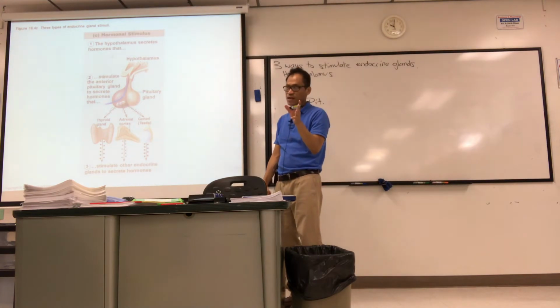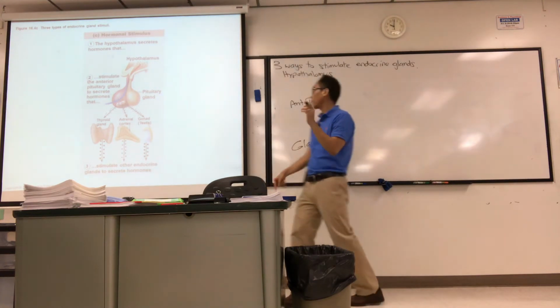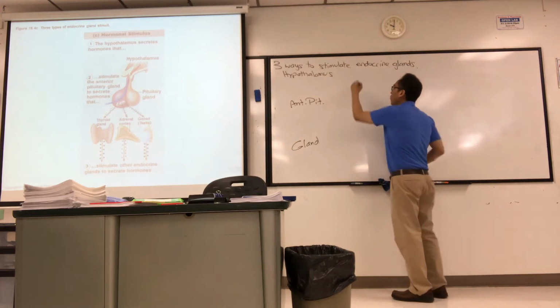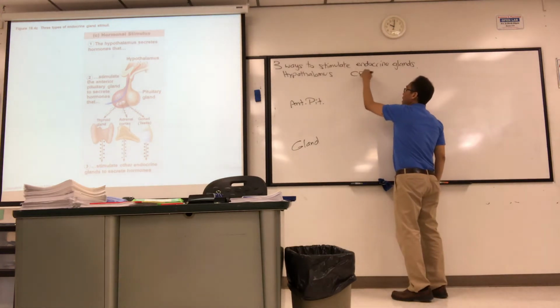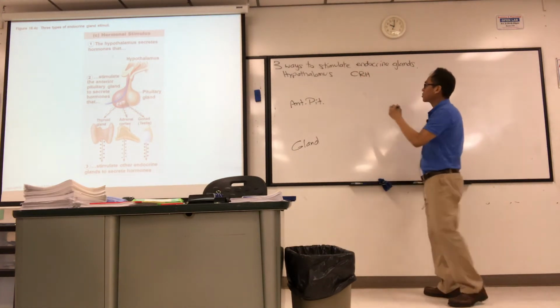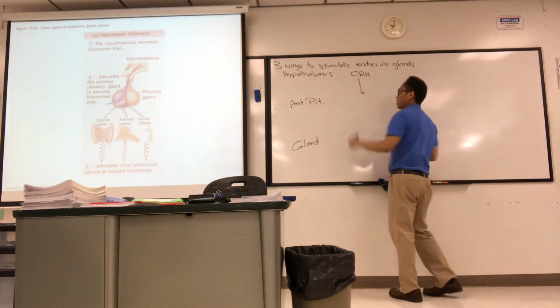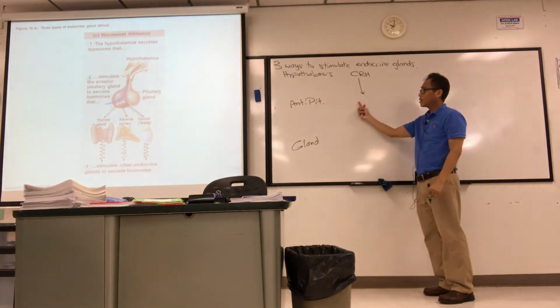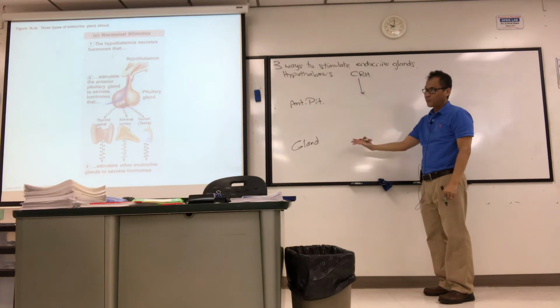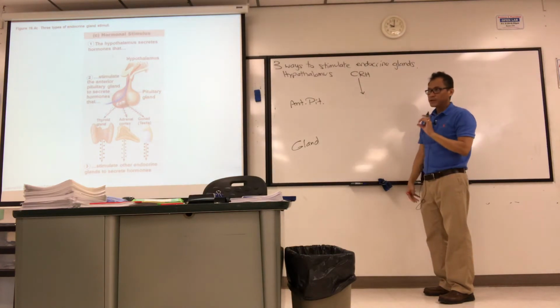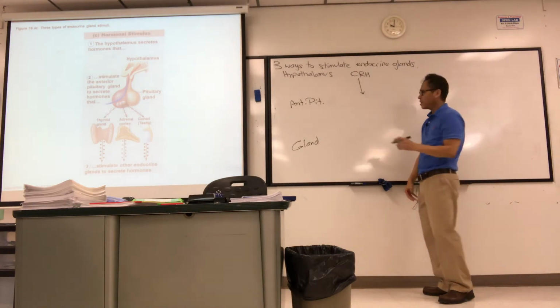For now, we'll just abbreviate it CRH. Just know that that's a hormone that comes from this top level. And that CRH will stimulate cells in the anterior pituitary that will release another hormone called thyroid stimulating hormone. We'll just abbreviate it TSH for now.